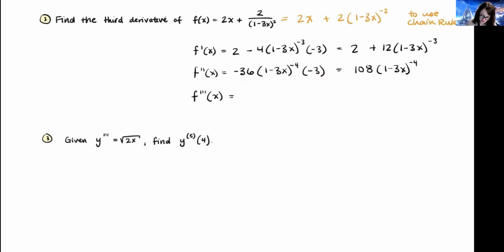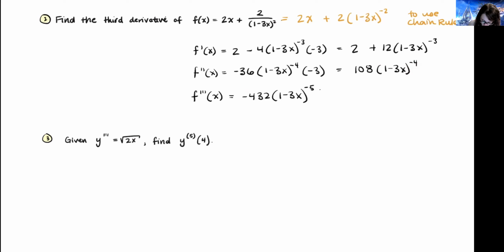So we will take this negative 4, again just another general power rule, bring this negative 4 down and multiply. 108 times negative 4 is negative 432. We leave the base alone. We subtract 1 from the power.